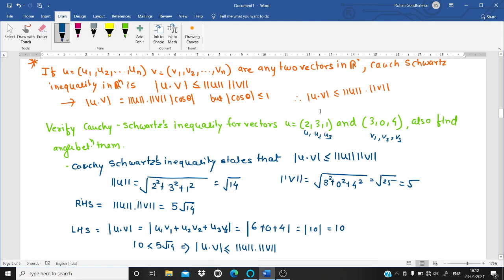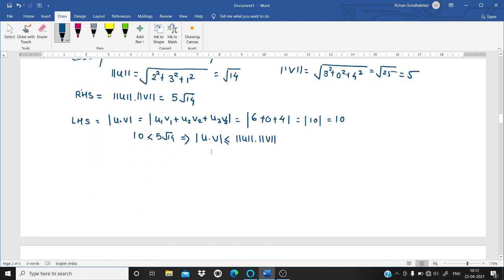If you see the question, verify the Cauchy-Schwarz inequality, also find the angle between them. So the angle between them is given by cos theta. What is the formula for cos theta? Cos theta is equal to u dot v upon norm u into norm v. We already computed the value of u dot v. It is 10 divided by norm u, that is root 14, into 5.